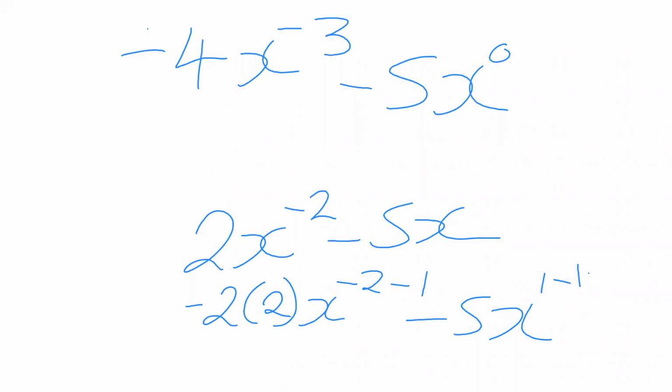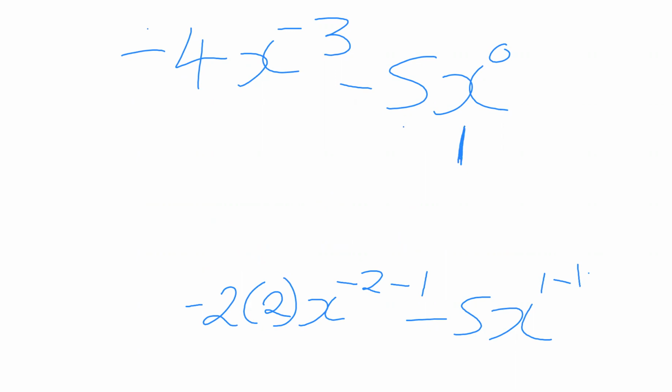Now, anything raised to the power 0, we told you is basically 1. So this is as good as 5 times 1 here. And because of that, we can rewrite this expression now as negative 4x to the power negative 3 minus 5.